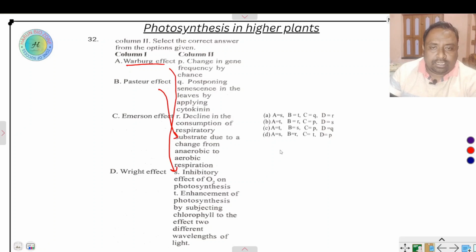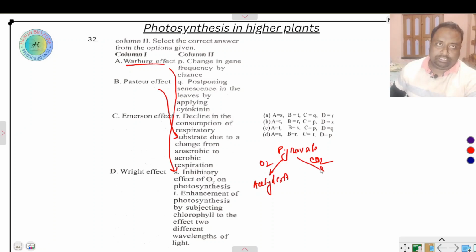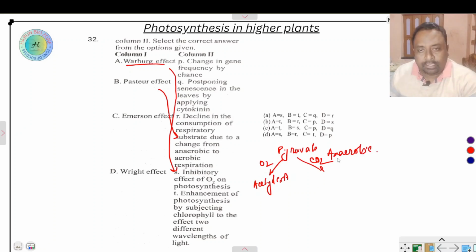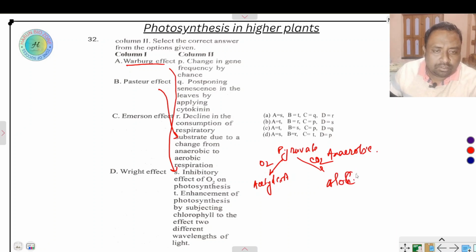First, pyruvate. When oxygen is present, it produces acetyl coenzyme A, and when oxygen is absent, that is anaerobic condition, alcohol and ethanol are produced.